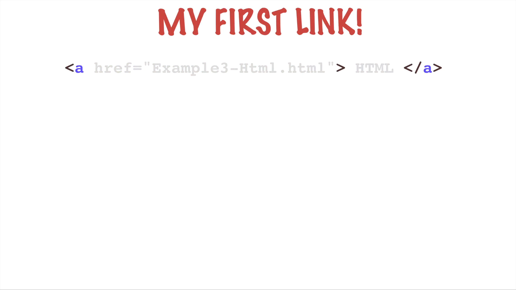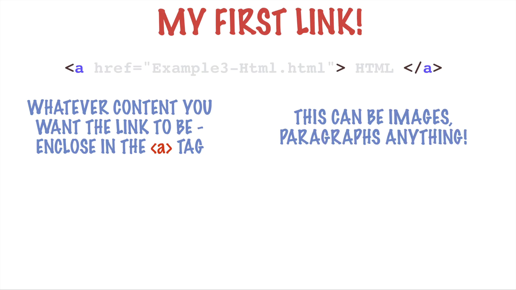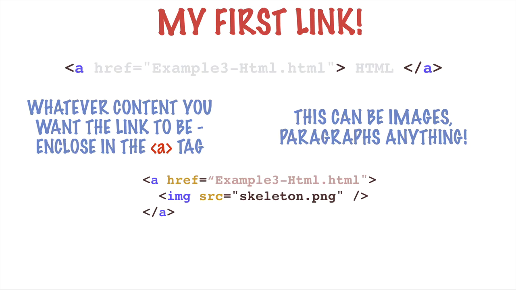The bit that's got to be clickable, the portion that is going to be clicked on by the user, has got to be specified between the opening and the closing A tags. This clickable component is enclosed in the A tag. It could be images, text, or just about anything. In our first example on screen, it's the word HTML.